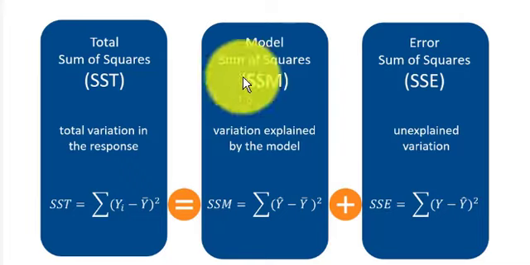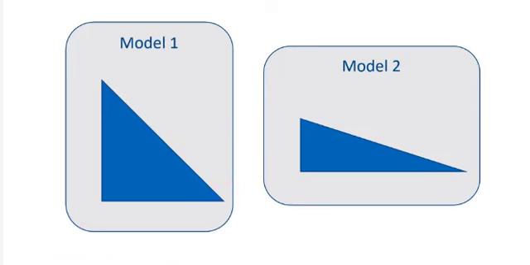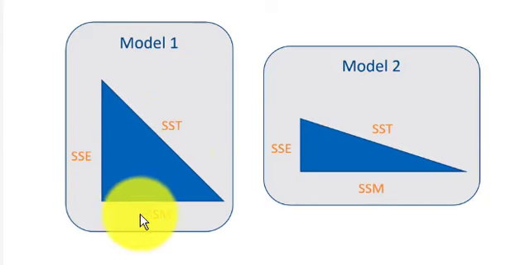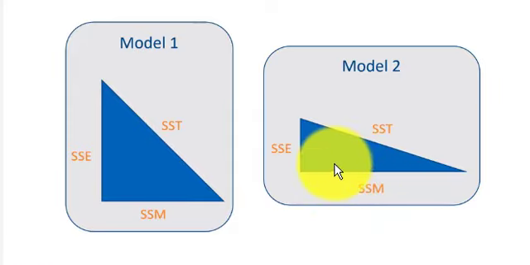Here is an example. If you have a model where your total sum of squares, as we said, equals the sum of squares of error plus the sum of squares of the model, and the model is capable of explaining a lot of the variation and the error is very small, that's a very good model.